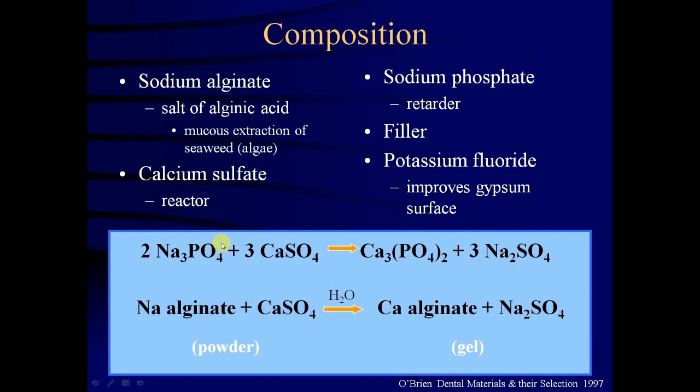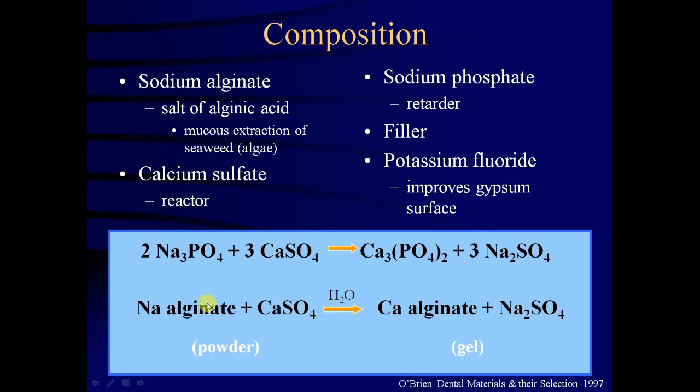So basically what happens is sodium phosphate reacts with calcium sulfate, leading to the formation of calcium phosphate and sodium sulfate. Then sodium alginate reacts with calcium sulfate in the presence of water.